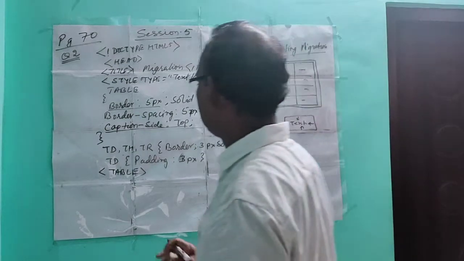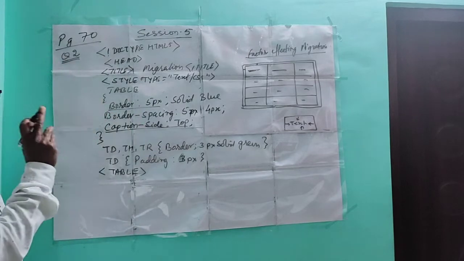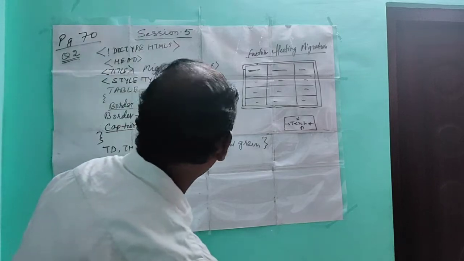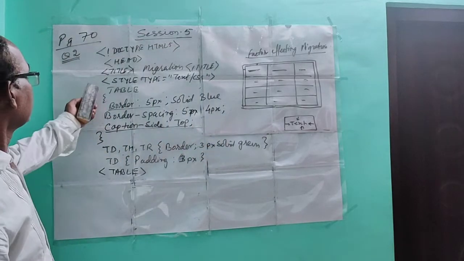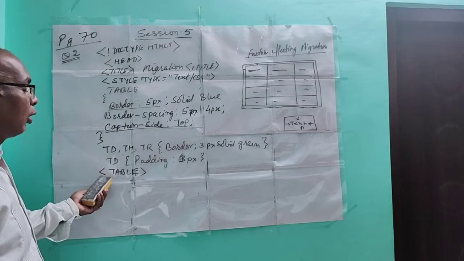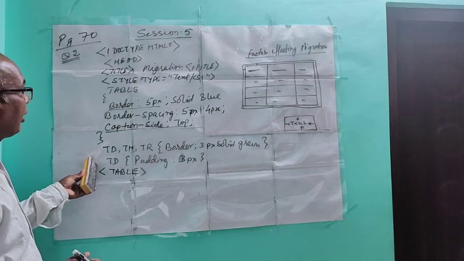Now you see, here I am using table, but there is one mistake here. Can you identify the mistake? The mistake is that you have to close style type and head before the body.